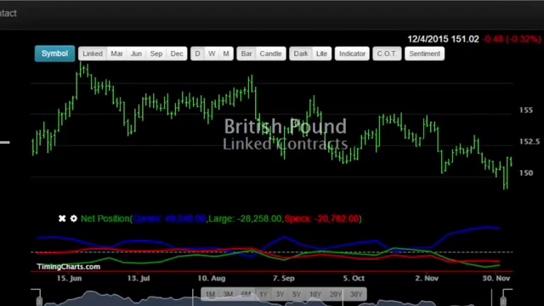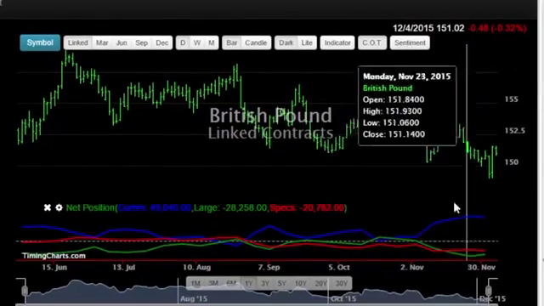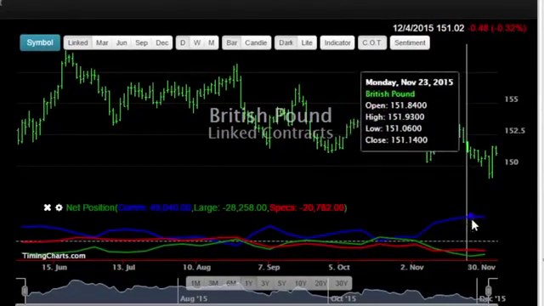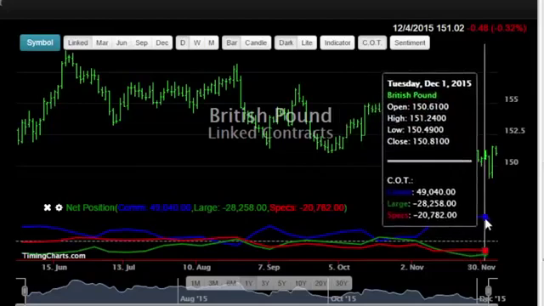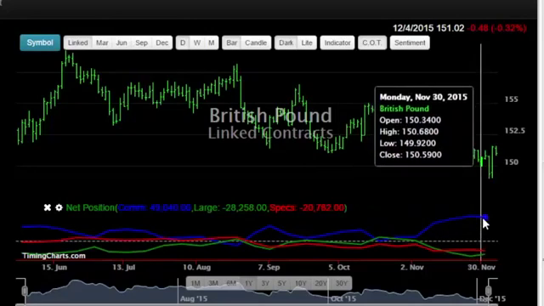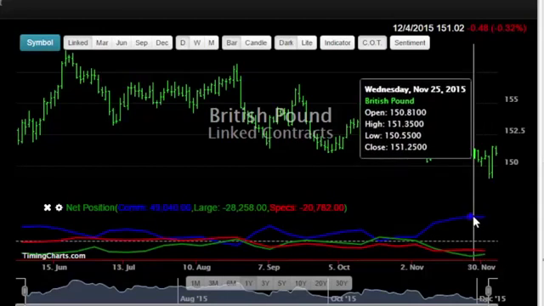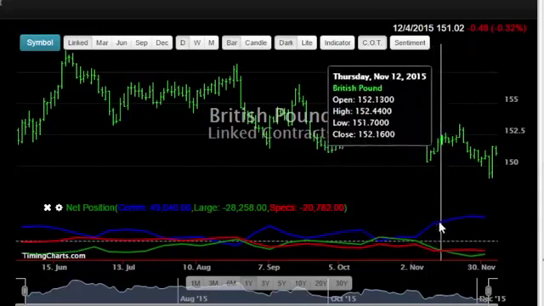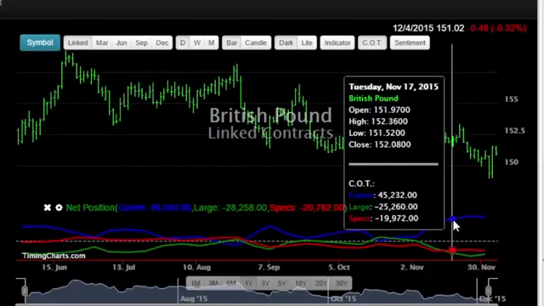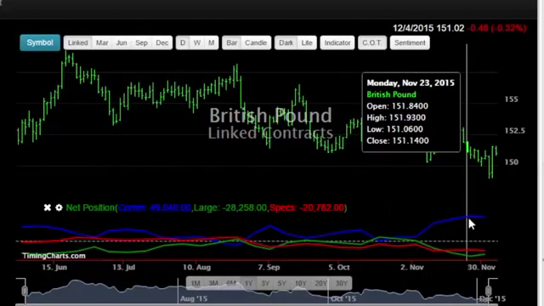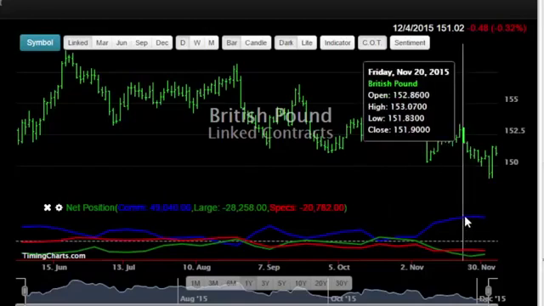Okay, what do we see here? We see now 4 weeks of published open interest, and the result by December 2nd is that open interest is not increasing, but for the previous 3 weeks it was increasing: November 10th, November 17th, November 23rd.